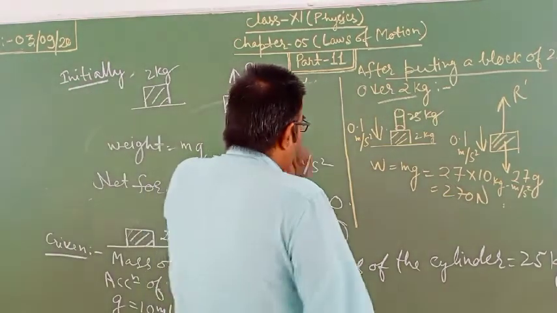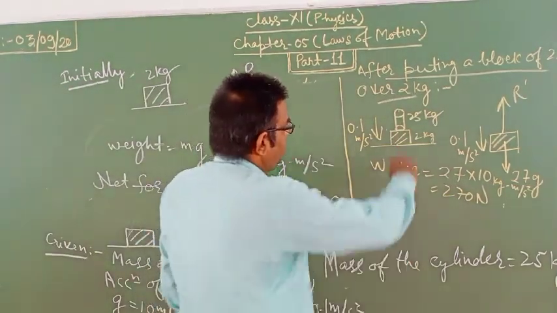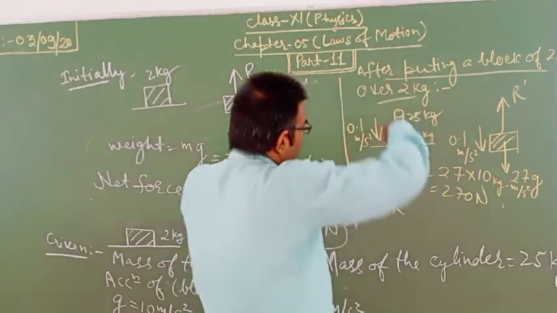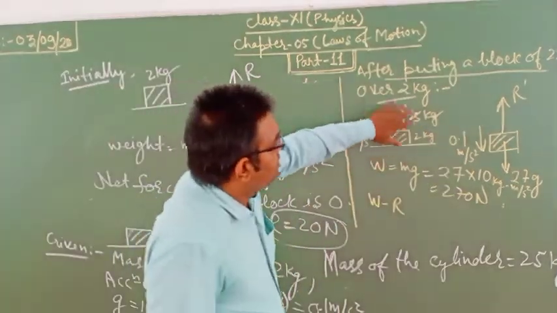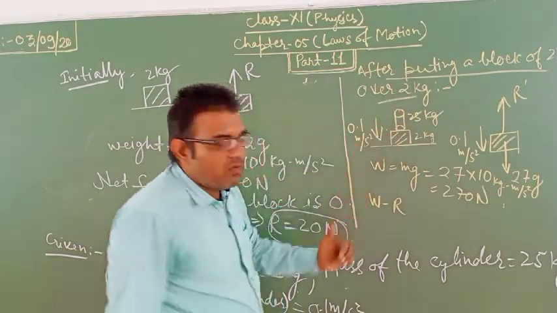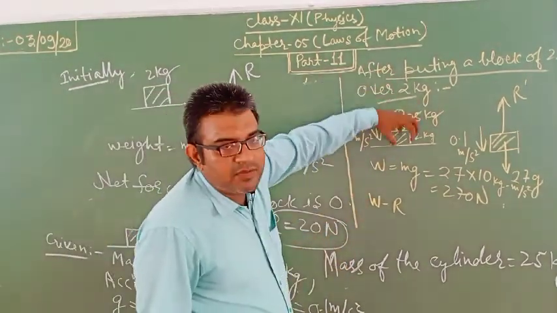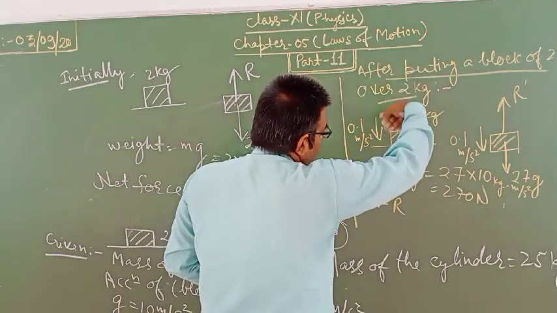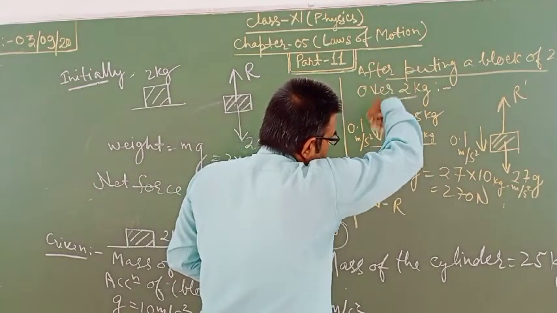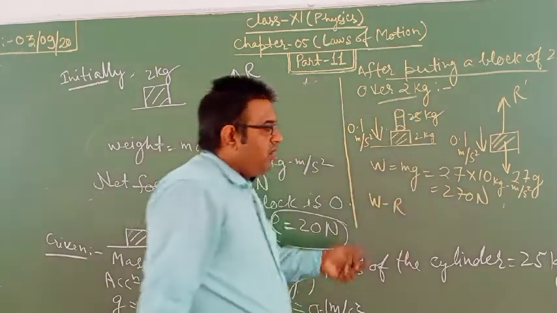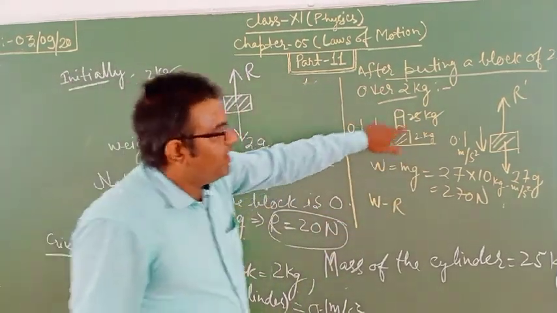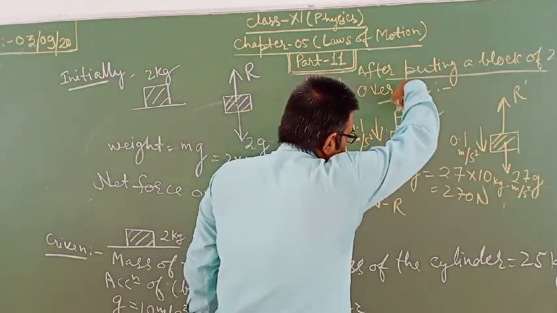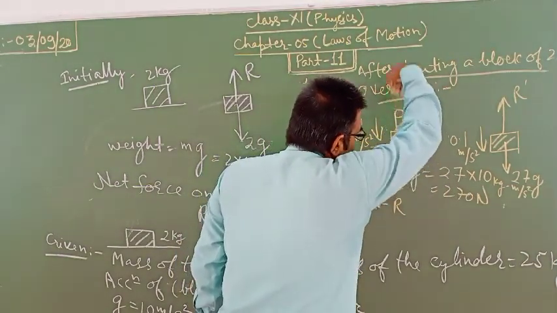Now, look here students, since this system is moving downward, and the acceleration is in the downward direction, on calculating the net force acting on the system we will subtract the normal reaction from the weight.